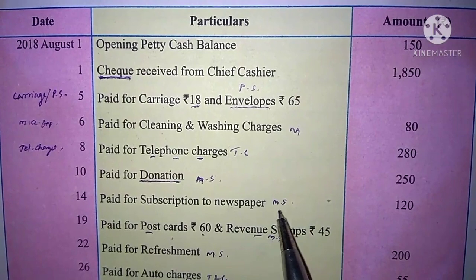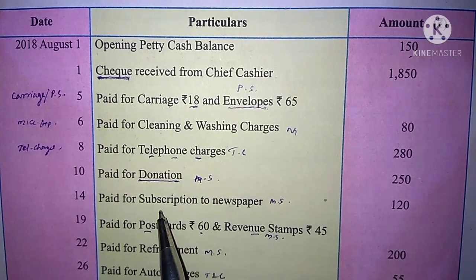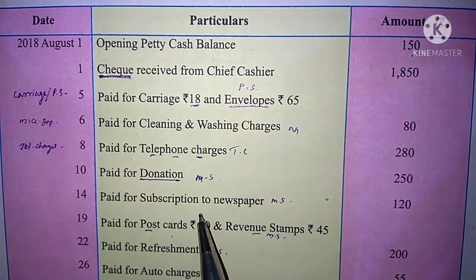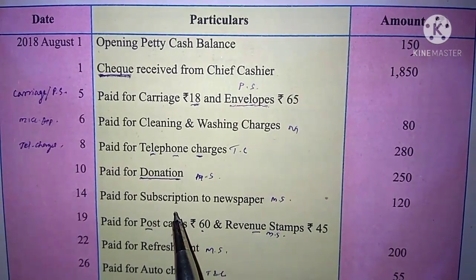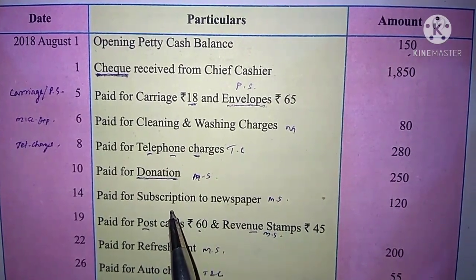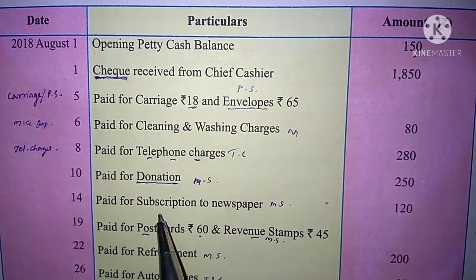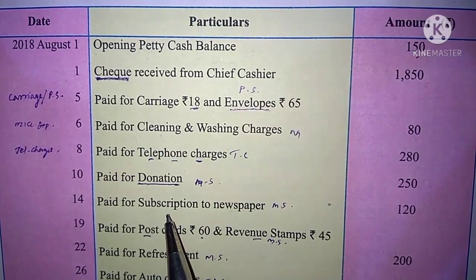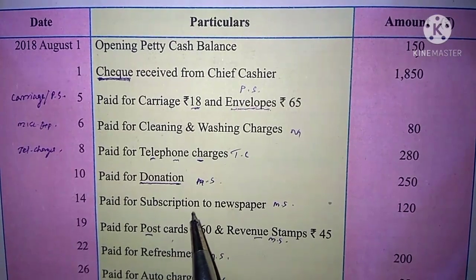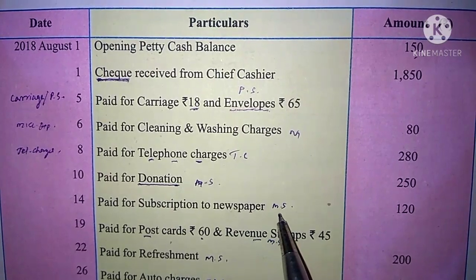One thing I would like to clear to you, that in bookkeeping, especially in petty cash book, there is no hard and fast rule for the accounting heads. We can prepare the accounting heads as we like, but normally for subscription of newspaper, these are the sundry expenses, and we are not preparing any separate accounting head, that is the subscription to newspaper. So normally we show these expenses to the sundry expenses accounting head, that is called the miscellaneous expenses.